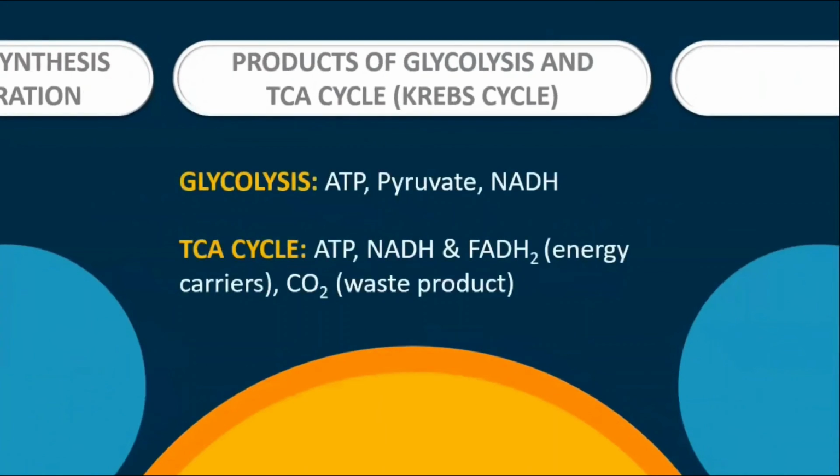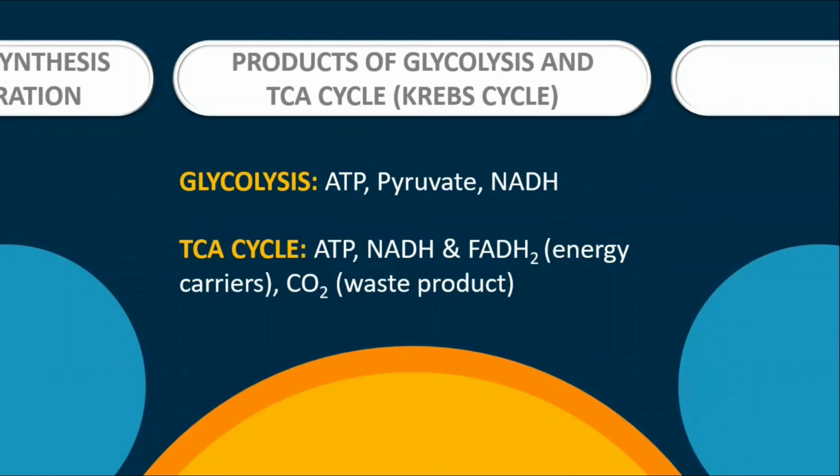Next is the products of glycolysis and the TCA cycle, or the Krebs cycle. We all know that these two are both involved in cellular respiration. In both of the cellular respiration processes, aerobic and anaerobic, glycolysis is the first step from which the reaction starts, while the Krebs cycle is a metabolic reaction that occurs just after glycolysis.